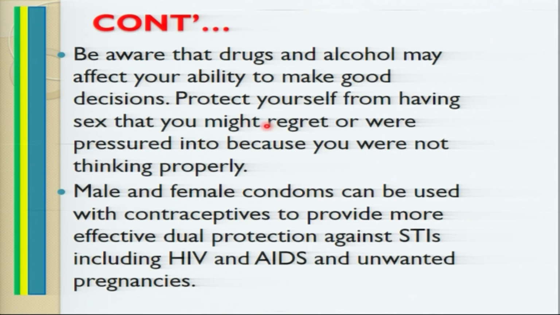Drugs and alcohol may affect your ability to make good decisions. If you are drunk, you are mentally unstable, the brain has been disturbed, so you lose your thinking. And when you lose thinking in that way, it is very hard for you to make a good decision.